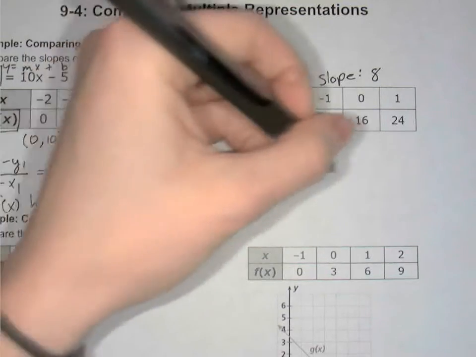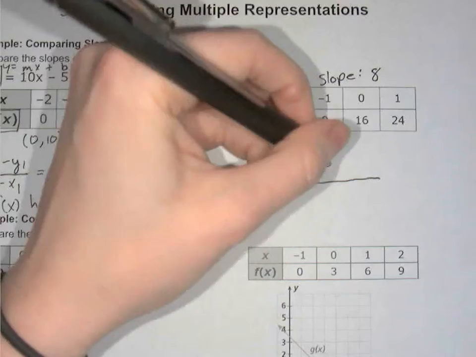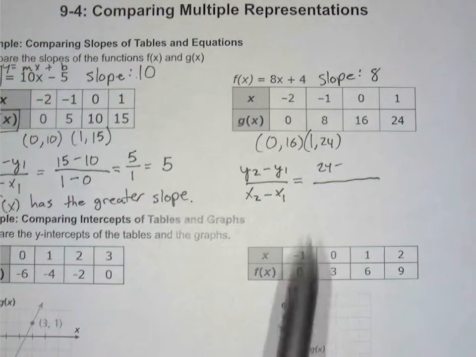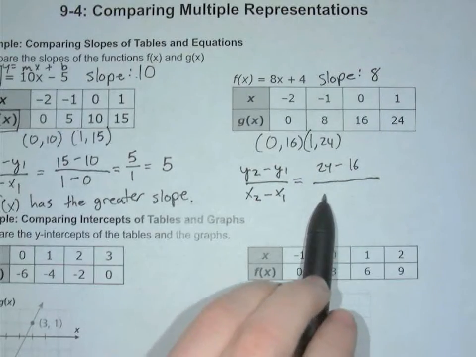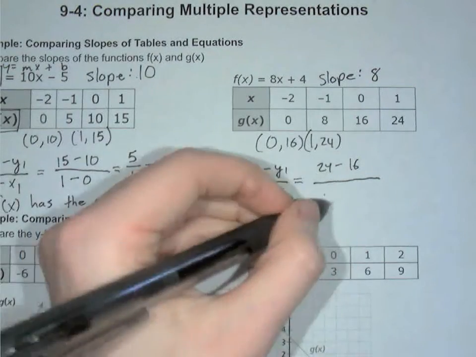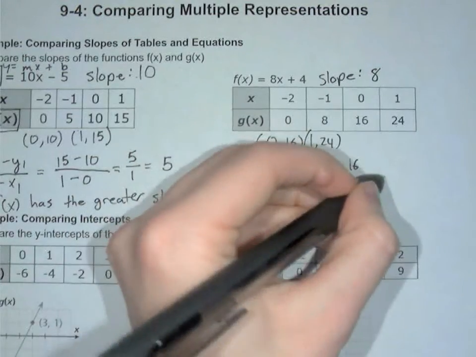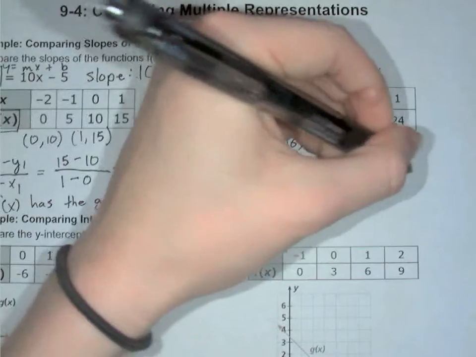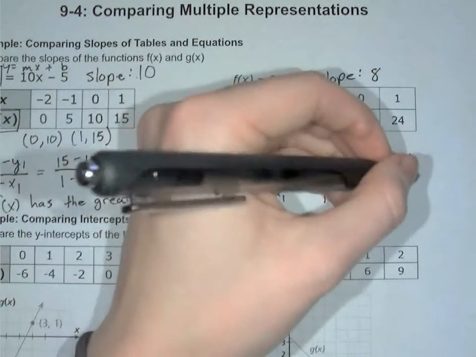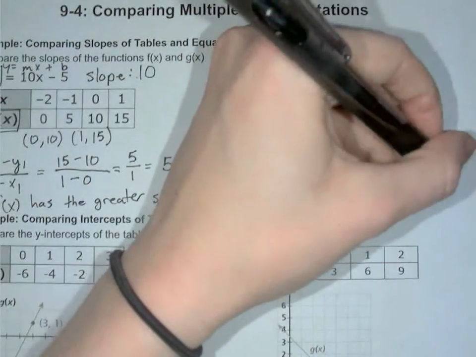All right, so when we fill in our information there, y2 is going to be 24 minus y1, which is going to be 16. Then we've got x2 down here, which is going to be 1, minus x1, which is 0. So 24 minus 16 gives me 8, and 1 minus 0 gives me 1. 8 divided by 1 gives me my slope of 8.